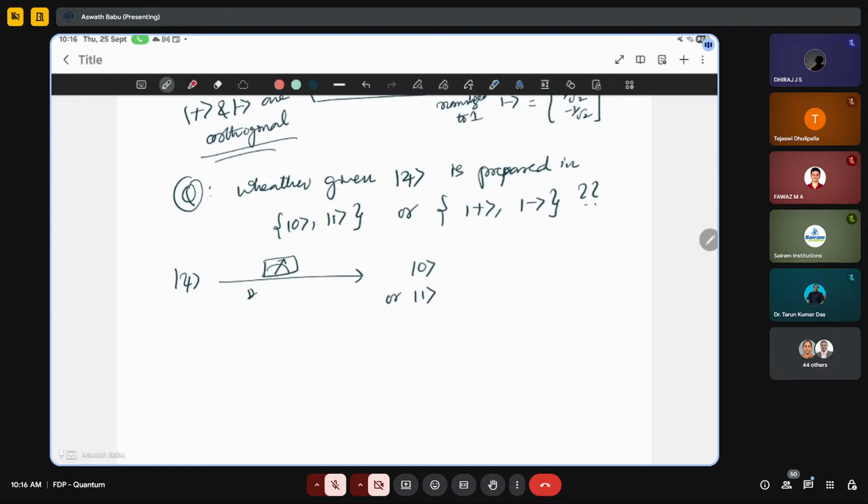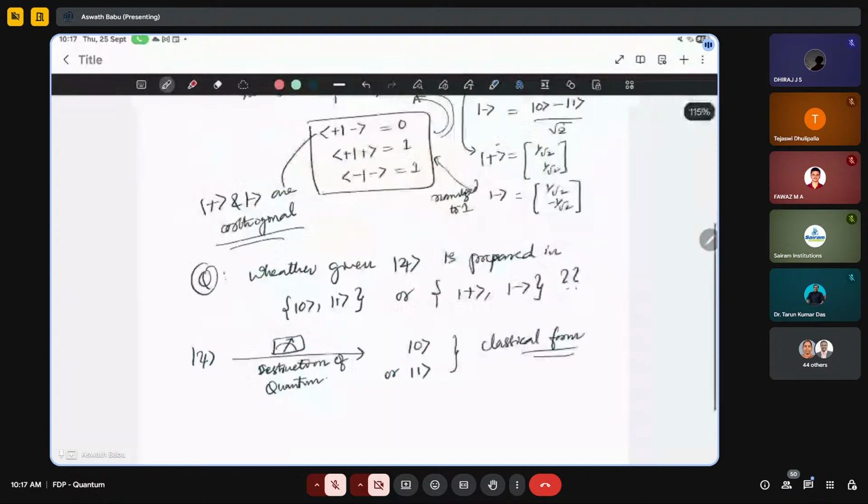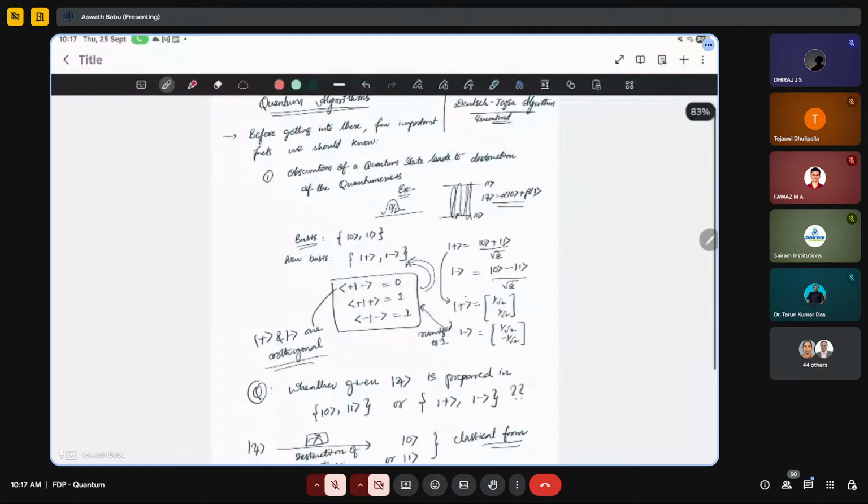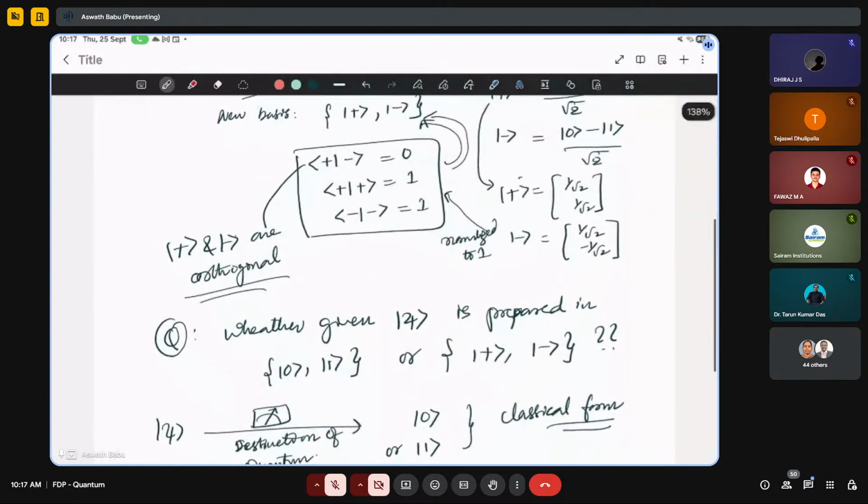Okay, so destruction takes place and the system goes to classical form, means it is strictly in one of the states. No more quantum, destruction of quantum. This is a very, very important point. You should remember why the quantum system goes from quantumness to classical form when I make a measurement.